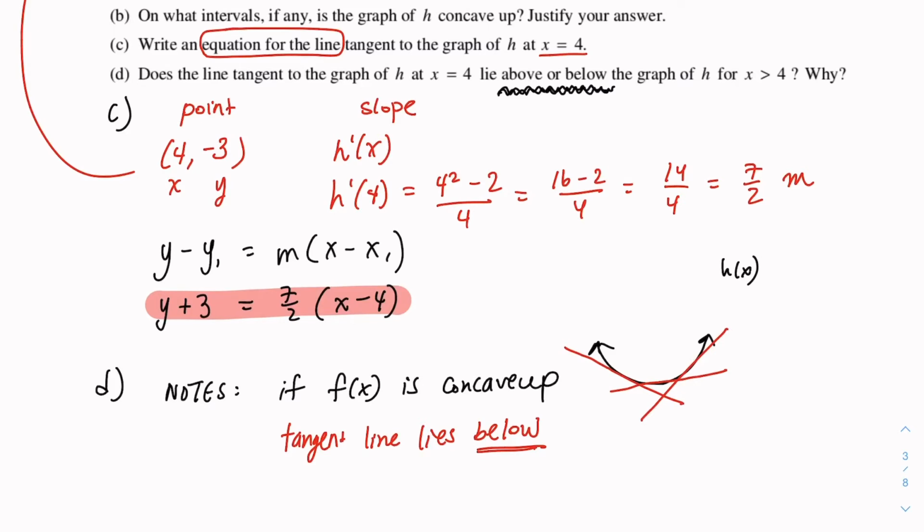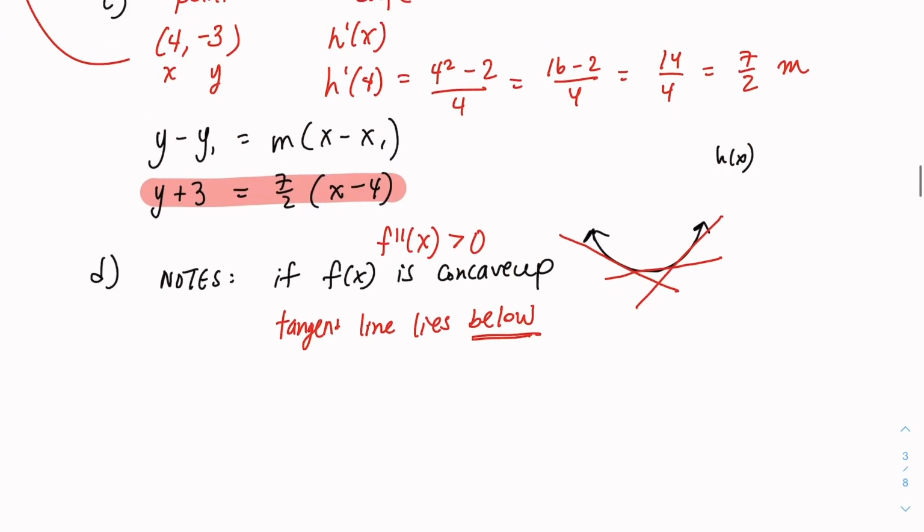Again, if f of x is concave up, another way of thinking of that is if f double prime is positive, then the tangent line will lie below. On the other hand, if we have something that's concave down, notice what happens to the tangent lines now. Any tangent line will be above the graph, in all cases, because my graph is curving away in the negative direction since it's cupped down.